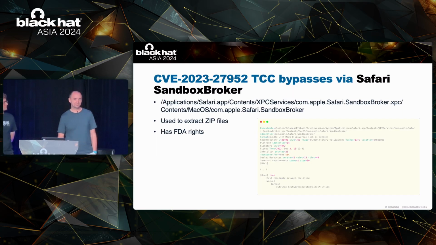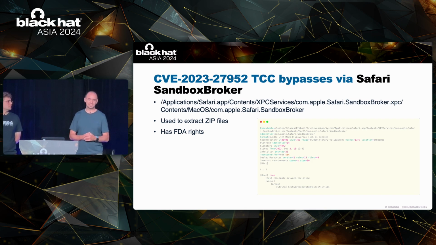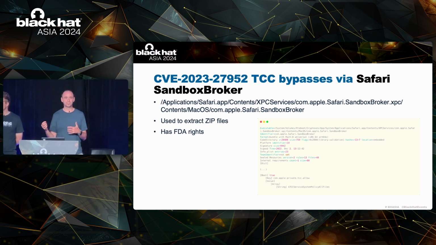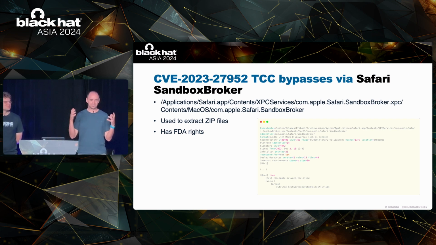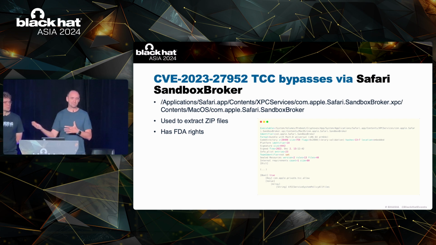So the next generic bypass was used by the Safari Sandbox broker process. Safari Sandbox broker is the process which is responsible for unzipping zip files when you download them with Safari. There is a feature in Safari that will auto-open safe files, like unzip zip files.